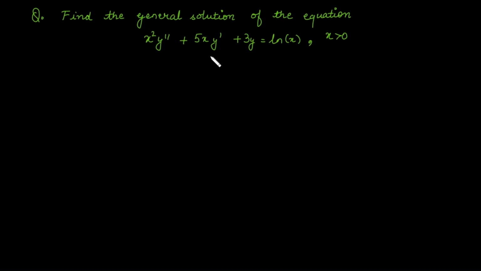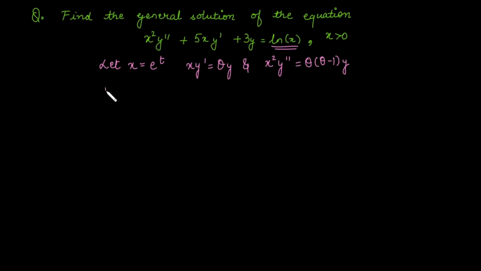Let's take another example. Find the general solution of the following equation. In this case, the steps are the same. First, on the non-homogeneous function, we will replace x with e raised to power t, along with the term x into first-order derivative as theta y and x squared second-order derivative as theta into theta minus 1 into y. Substitute these values over here.